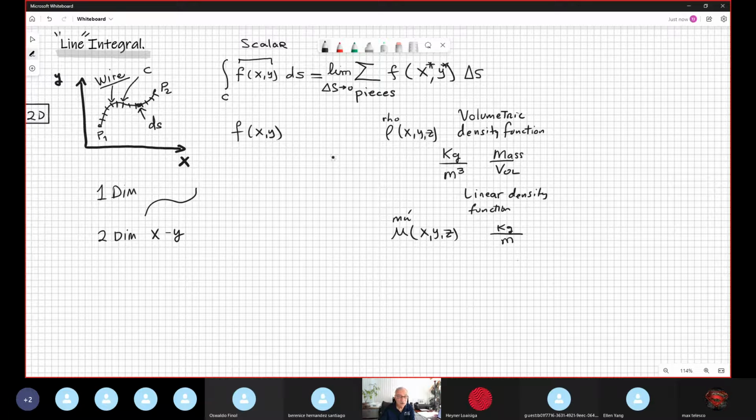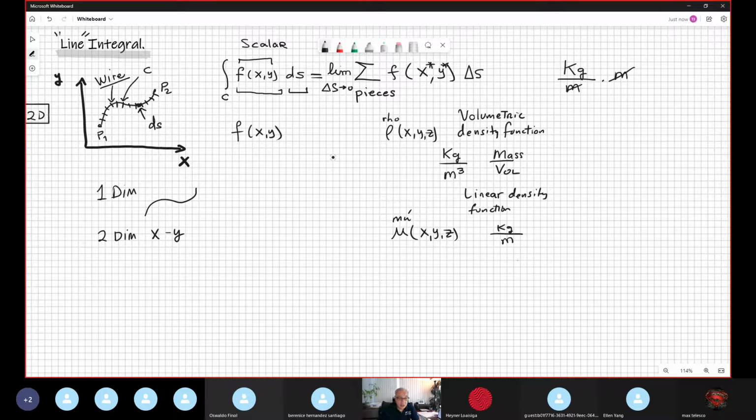So if you suppose this function is a linear mass density, and ds represents the infinitesimal arc length, when you are doing the integration, remember the integration is a sum, a Riemann sum. You have kilogram per meter multiplied by this distance in meters, no? The meters cancel out.